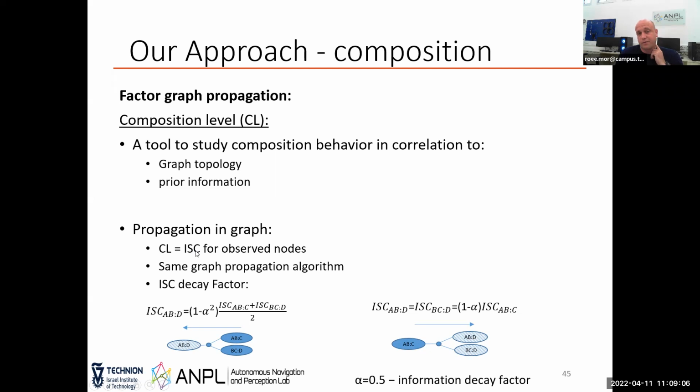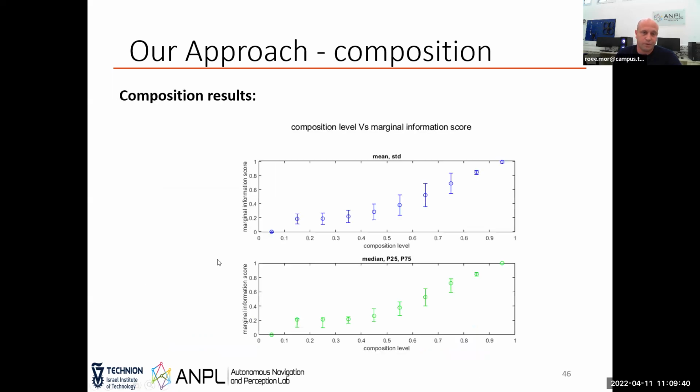And then for unobserved nodes, we propagate the information score in the graph, but we don't use real composition to propagate. We just assume the information score is going to decay. Each time it goes through a factor, we assume it decays by a specific amount, and that's it. And this is going to give us some way to look at the topology of the node in the graph.